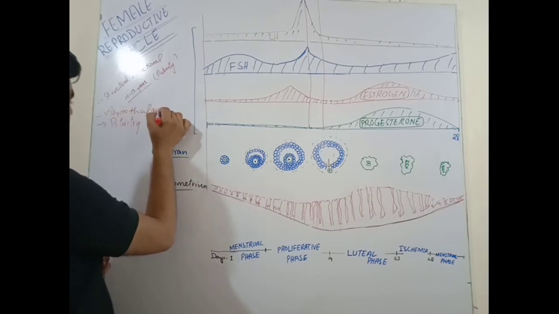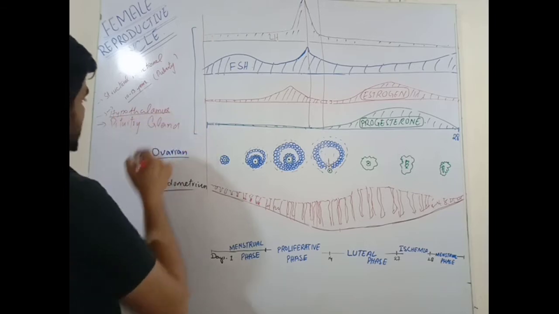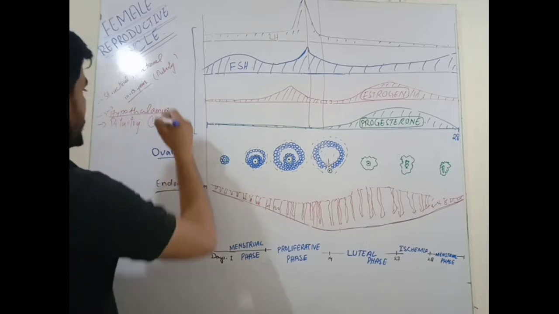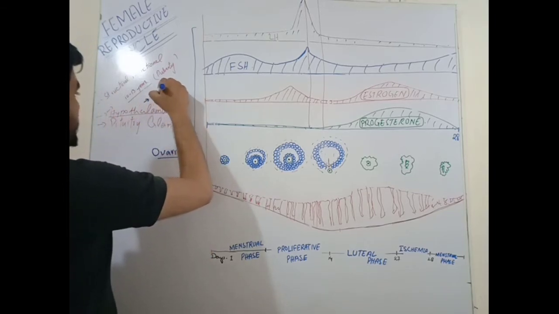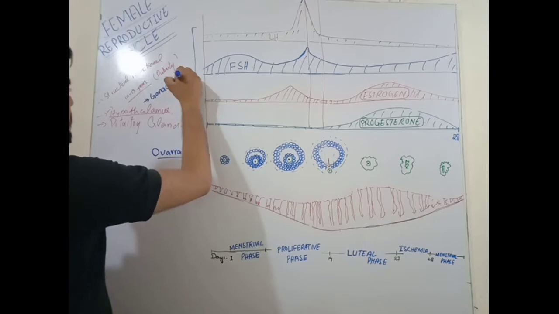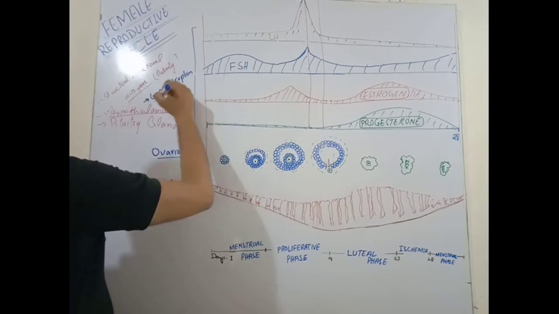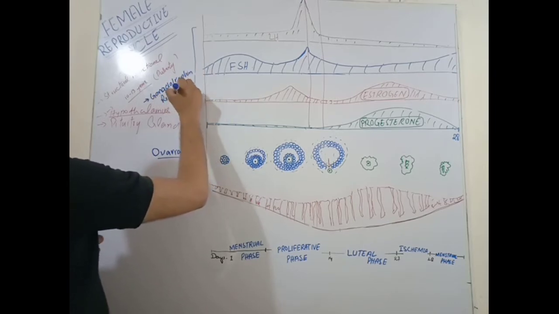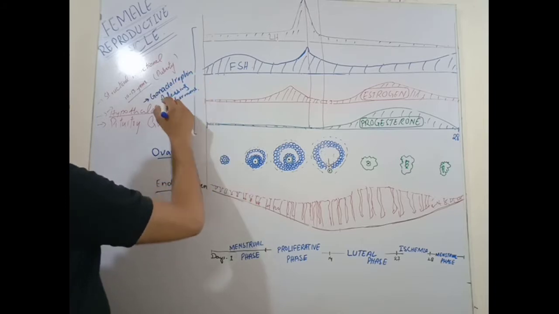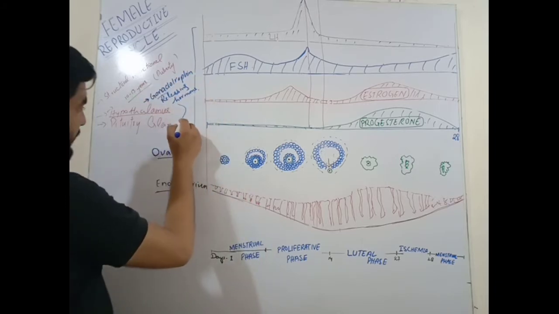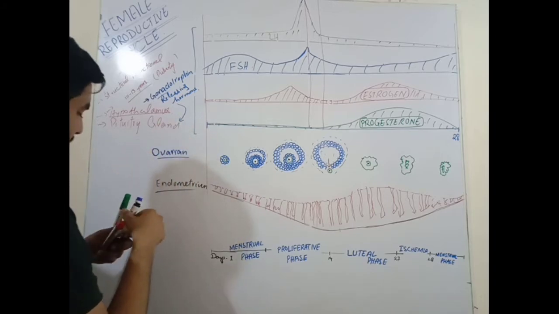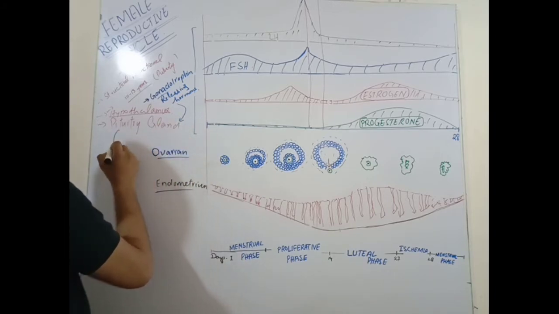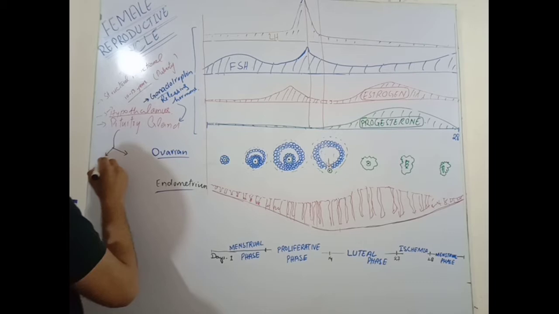The hypothalamus secretes gonadotropin releasing hormone. This hormone goes towards the pituitary, and the pituitary gland secretes two basic hormones, which are FSH and LH.